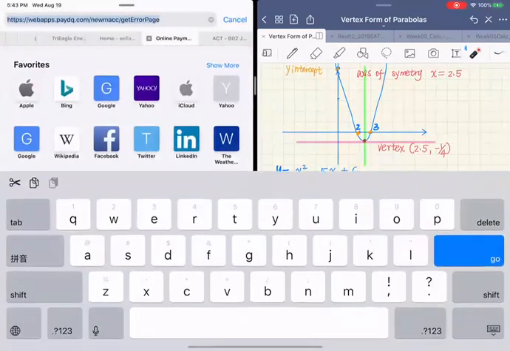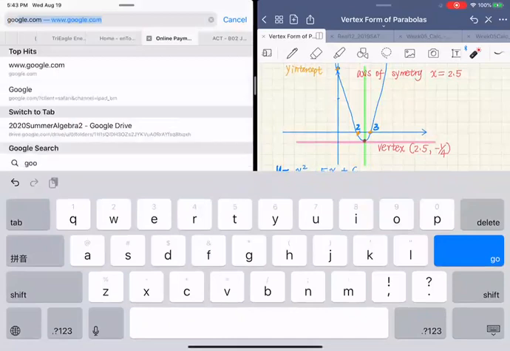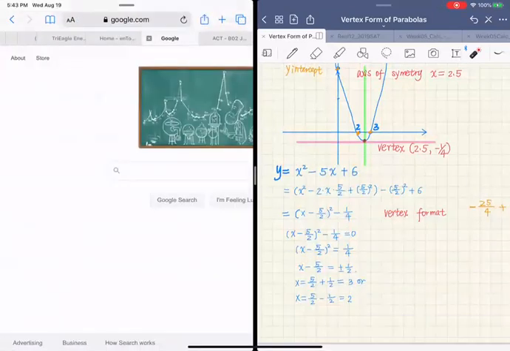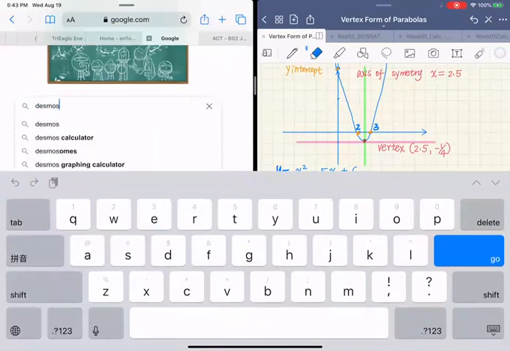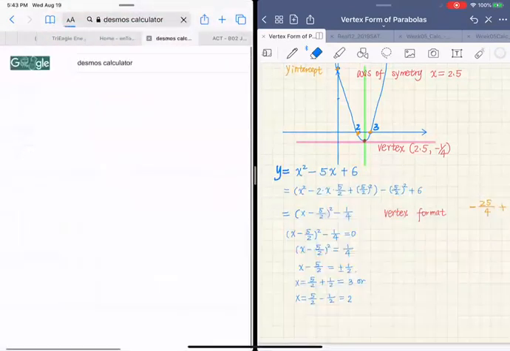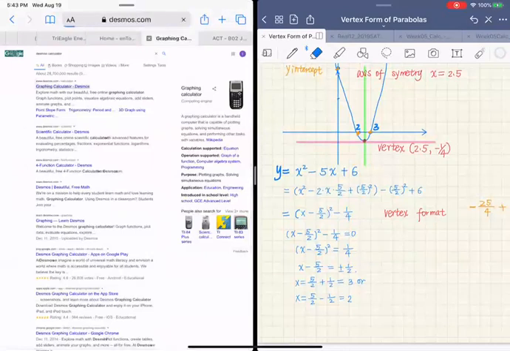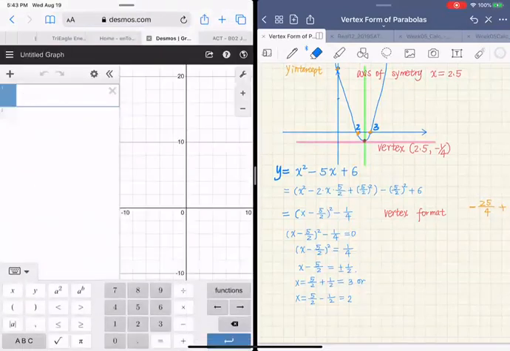So let's do this. If you don't have the app, you can just Google and I'm going to have this web. So do it on your own.